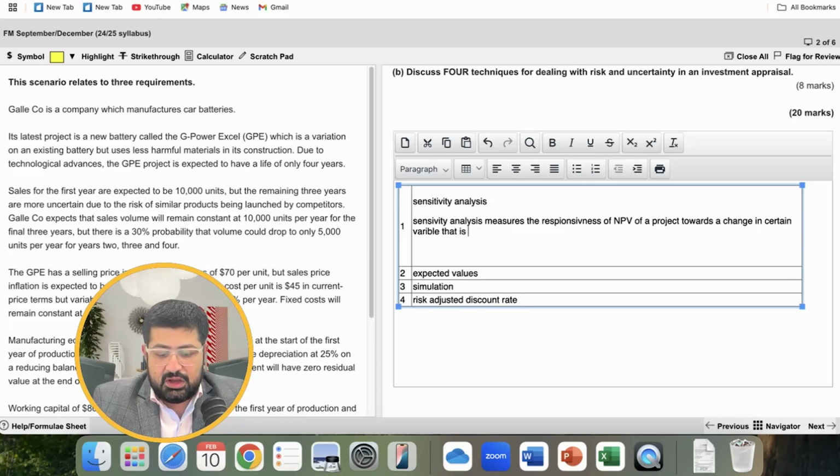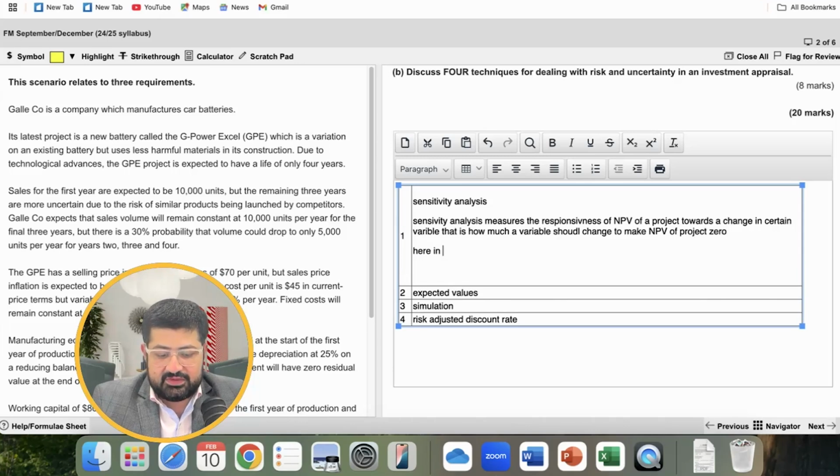That is, how much a variable should change to make NPV of project 0.